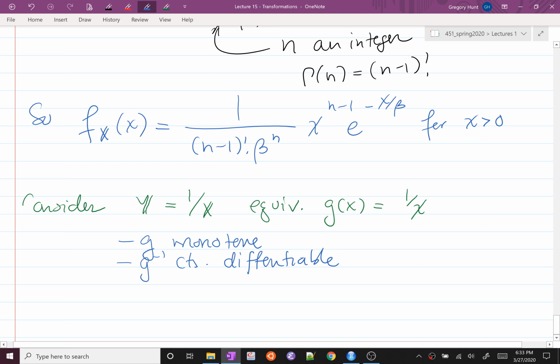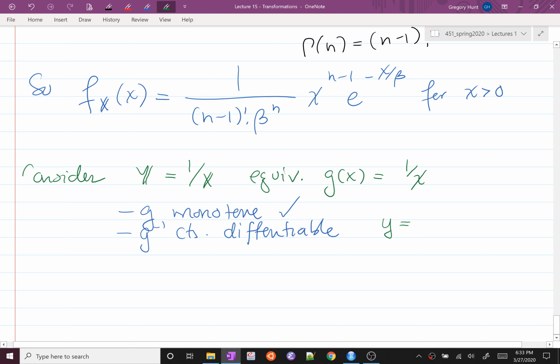And it is, right? 1 over x is certainly monotone, and if we get the inverse function here, so what's the inverse function? If y is equal to 1 over x, then equivalently x is equal to 1 over y.